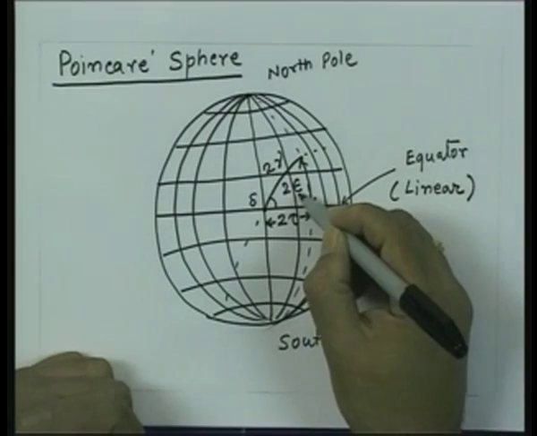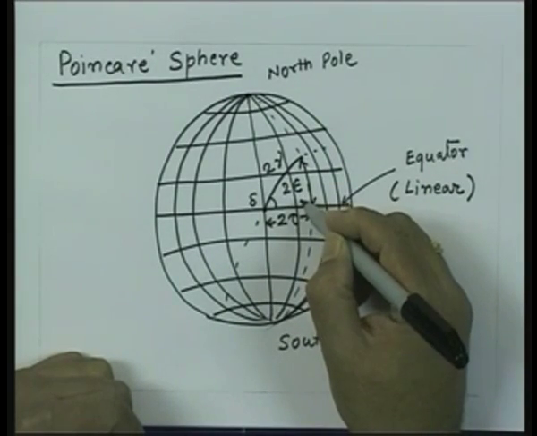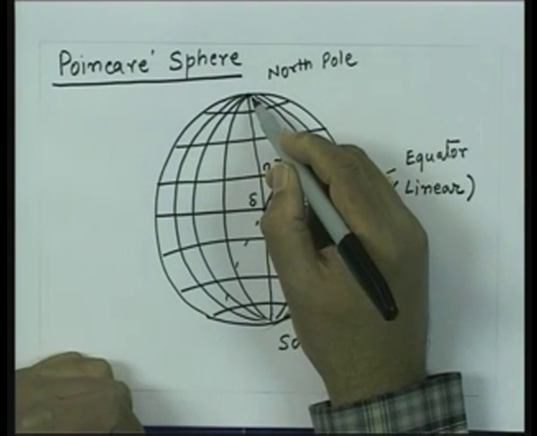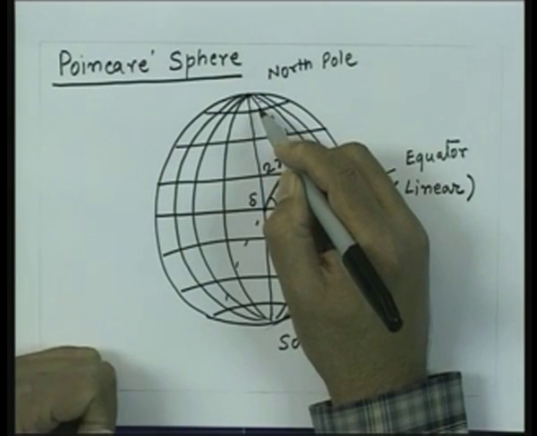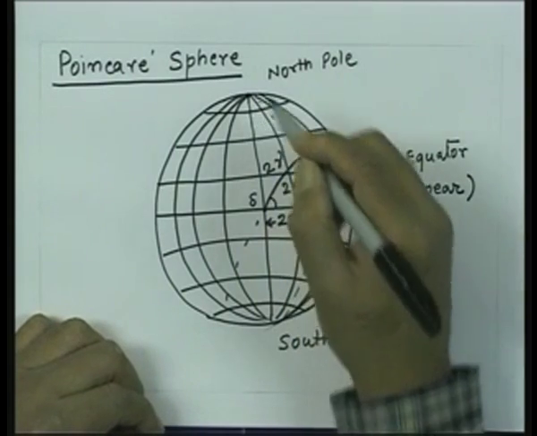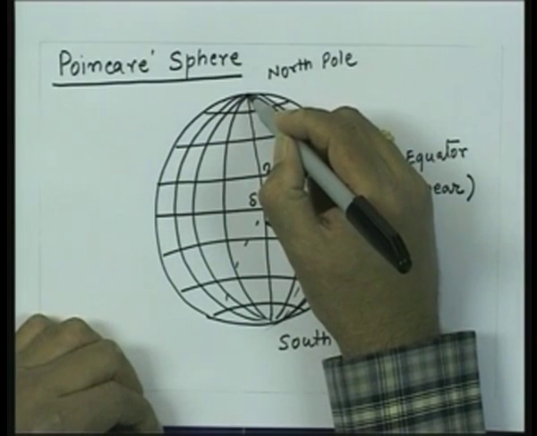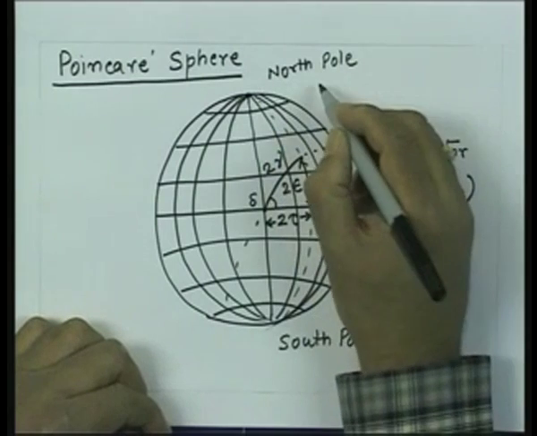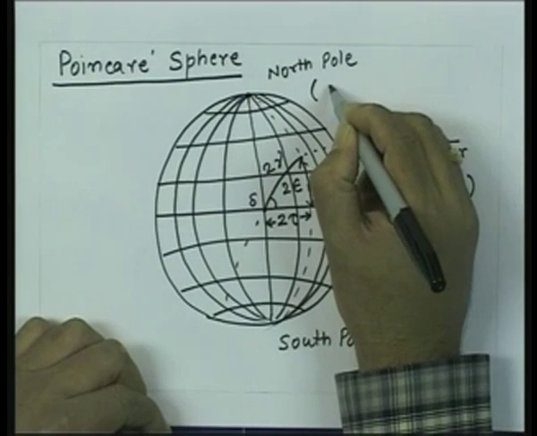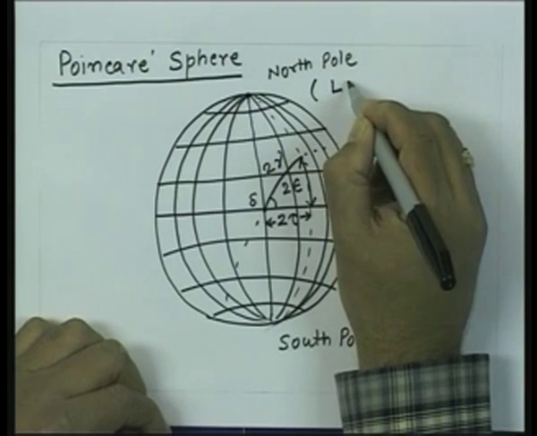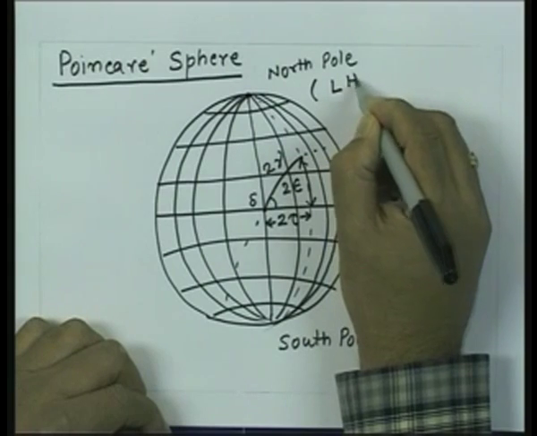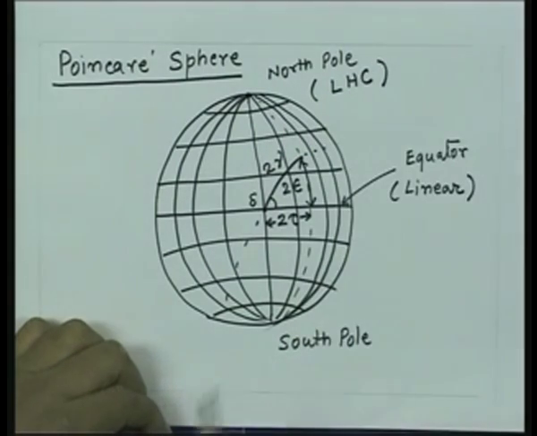But we know that axial ratio equal to 1 with a positive sign corresponds to left-handed circular polarization. So, this point here, the north pole of this globe, represents left-handed circular polarization.